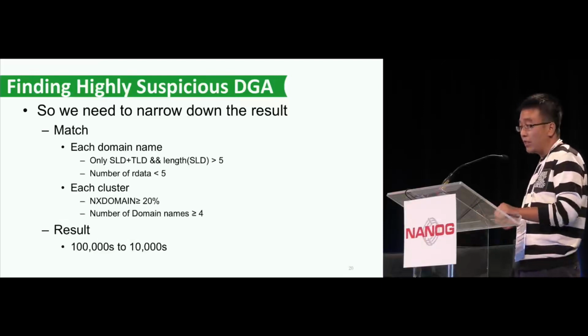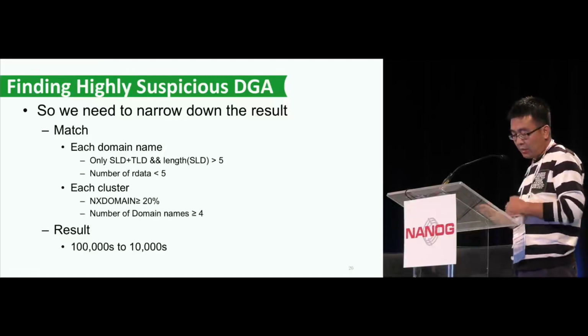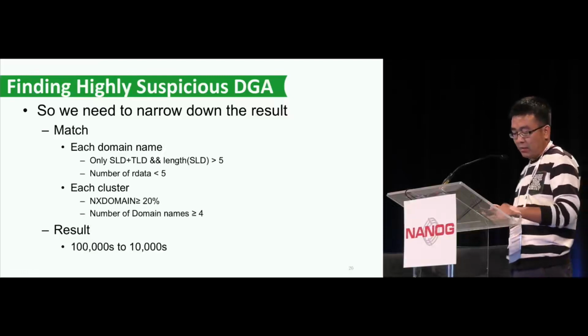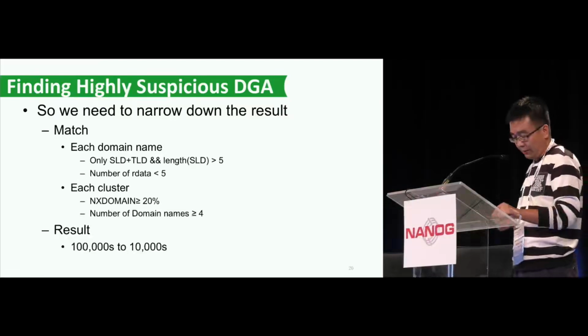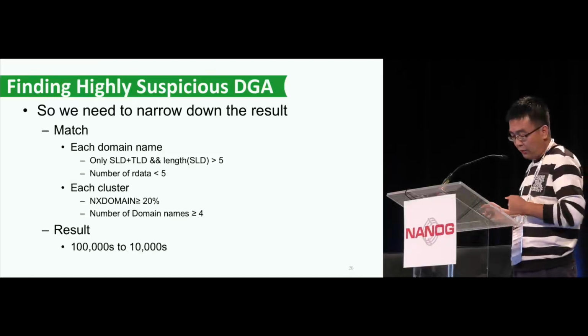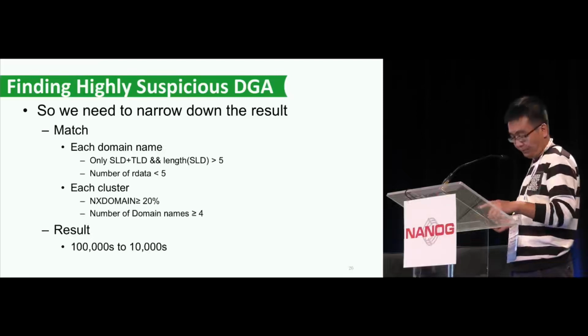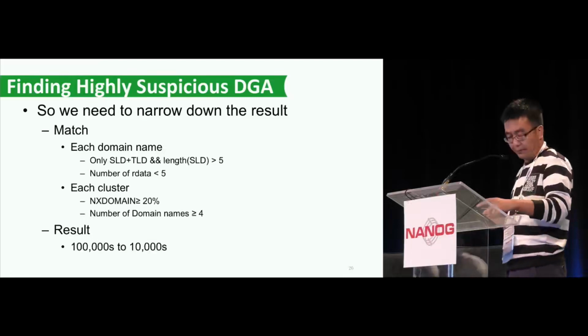Also, for each cluster, the ratio of DNS negative answers such as no such domain should be greater than 20%, and total DNS domains for each cluster is greater than or equal to 4. After this operation, the data reduced to 10,000.